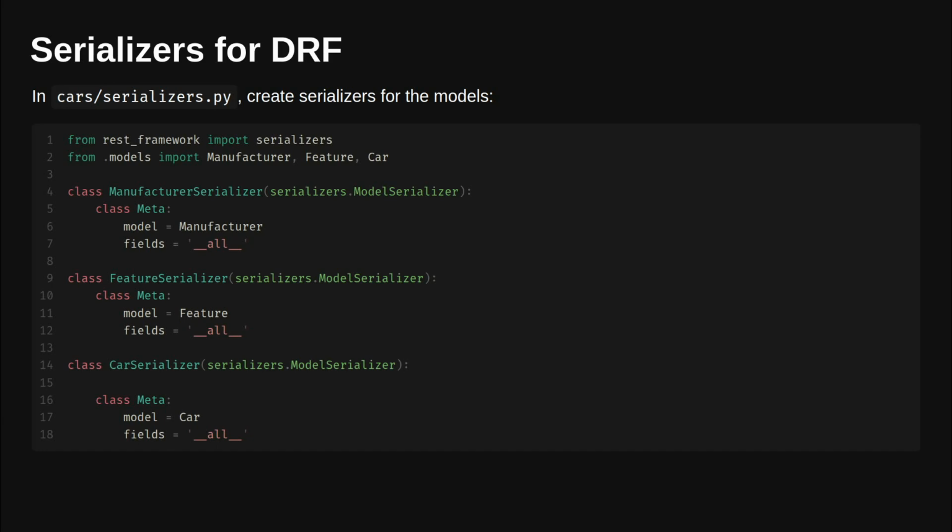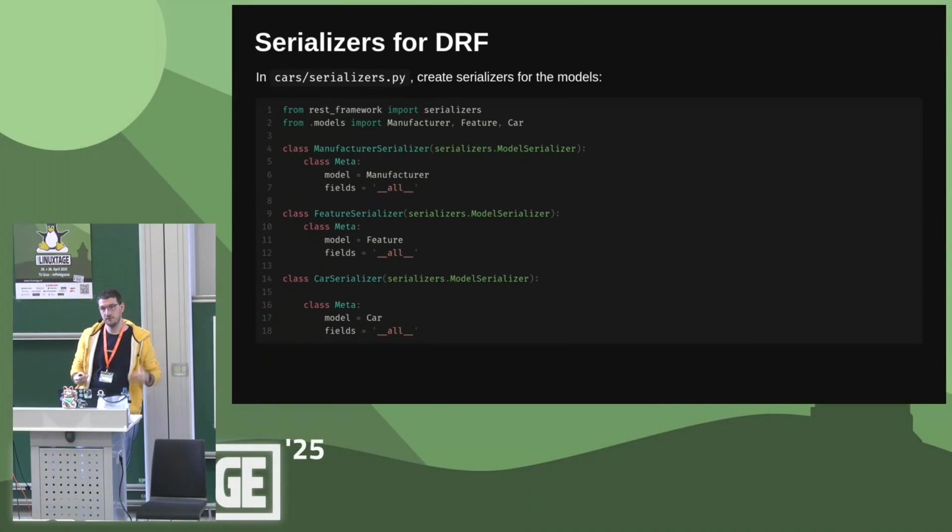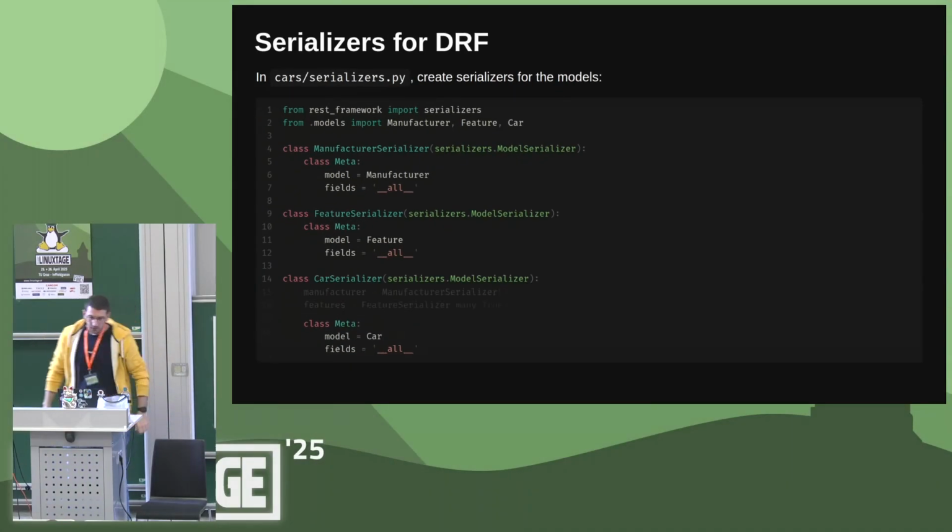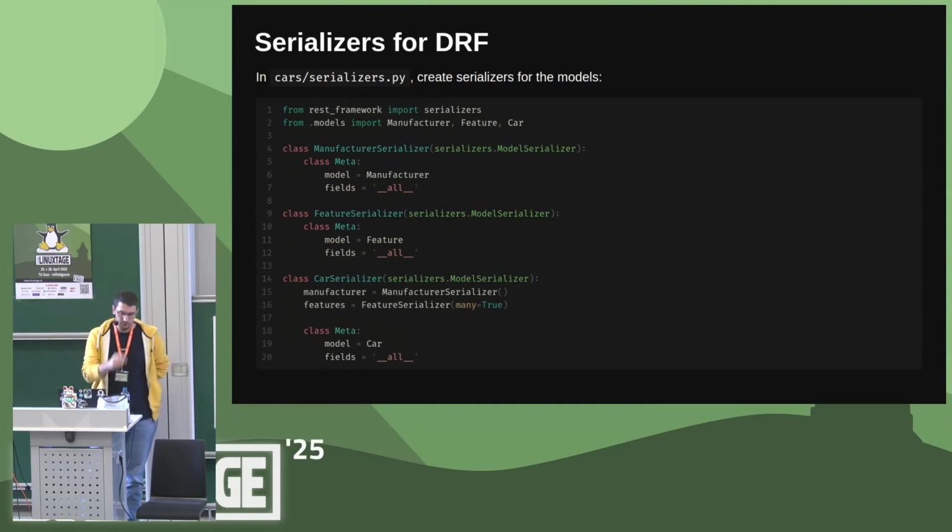And then we have these fields definitions. For simplicity reasons, I just added the underscore all, which means it's going to expose automatically all the fields of your model. If you want to control this a bit more explicitly, you can define a tuple. And also what you can do, you can use sub-serialization, which means you can use the other serializers in your serializer if you want to display nested data.